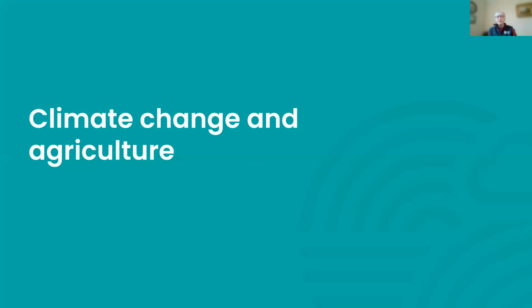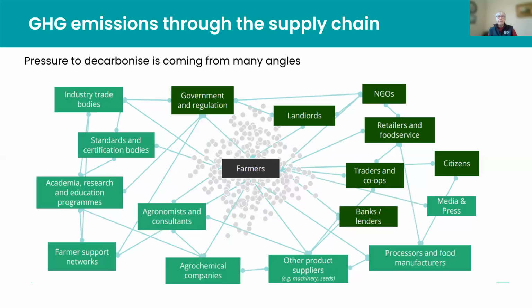What I want to do now is just talk a little bit about climate change and agriculture and really what's going on. And I'm putting this slide up. My apologies, because this is what the situation's like now in Europe. It's become so busy with so many pressures coming on farmers to decarbonize, i.e. to reduce their emissions, and coming from so many directions.